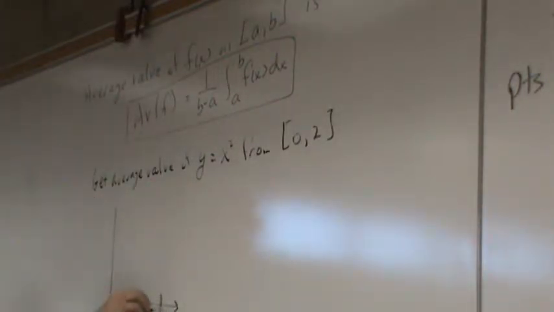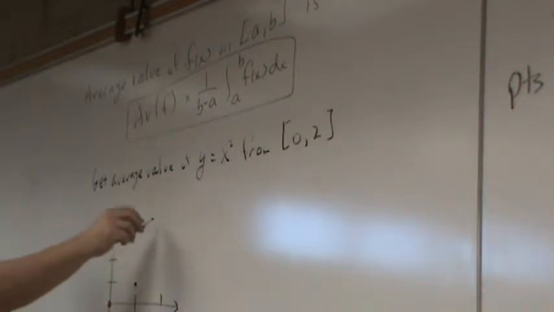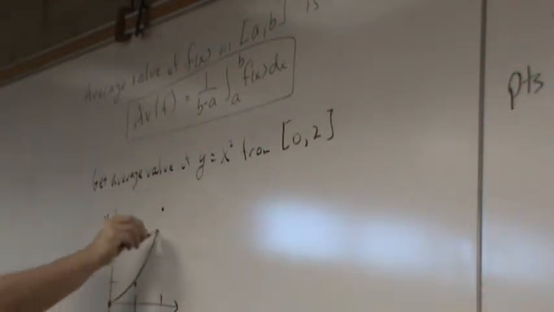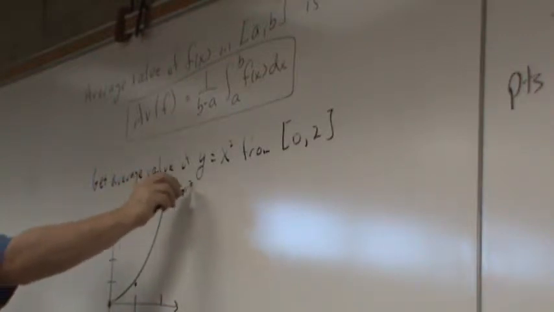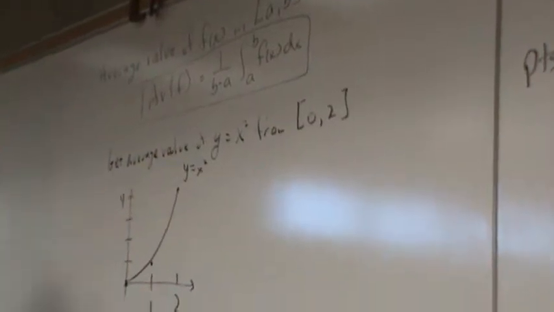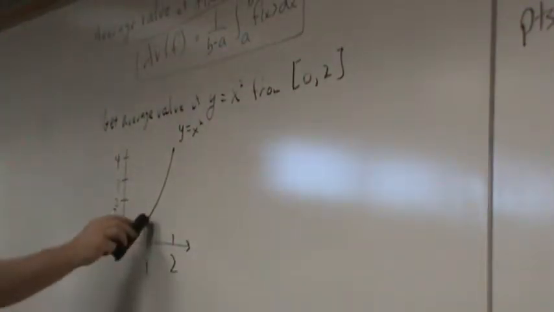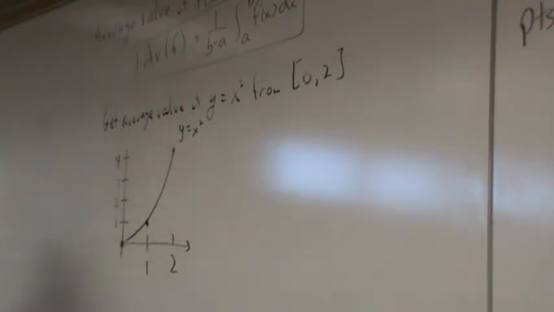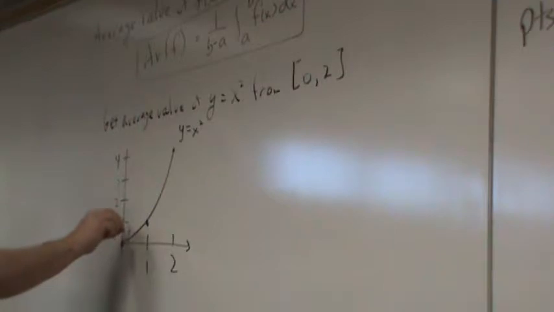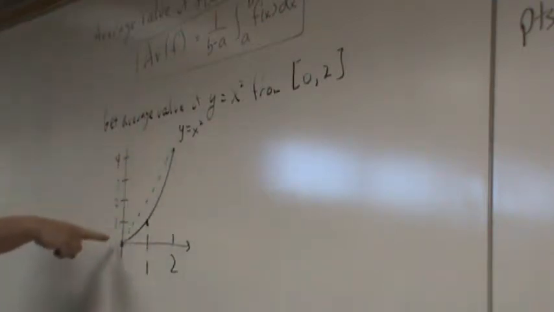Before I have you haul off and punch it into your calculator, I just want to ask you this question. Here's the graph of y equals x squared. Tell me, if my function was a straight line from 0 to 4, what would the average value of that function be? 2.